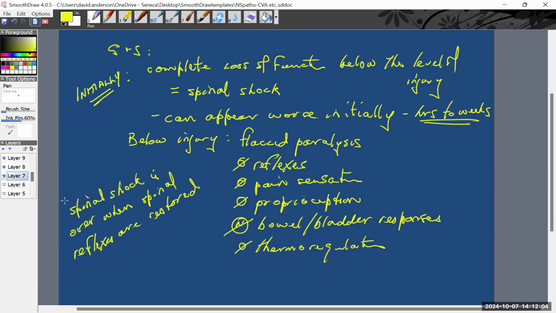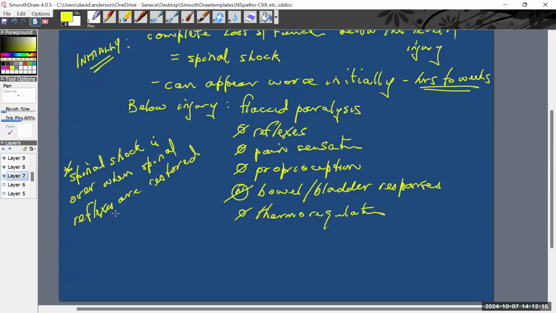So that's what defines the end of spinal shock. Now, sometimes your reflexes may not be restored, and that's indicating a more serious and more permanent type of spinal cord injury.